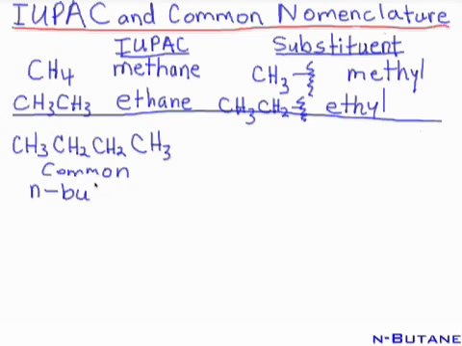N-butane meant normal. Normal was applied to a straight chain molecule. So whereas the IUPAC was just butane, the common name was n-butane. Why do they have a special name for n-butane? Well, it's because this molecule was also called a butane.